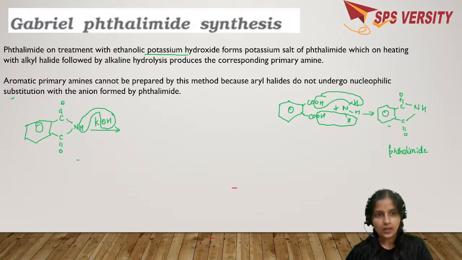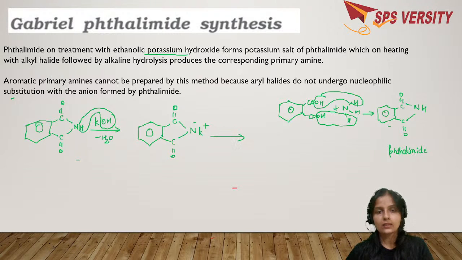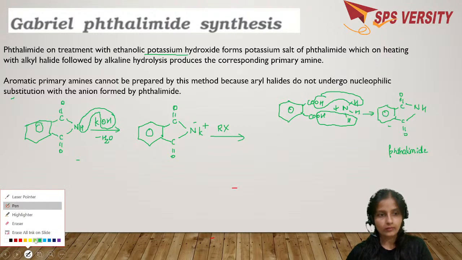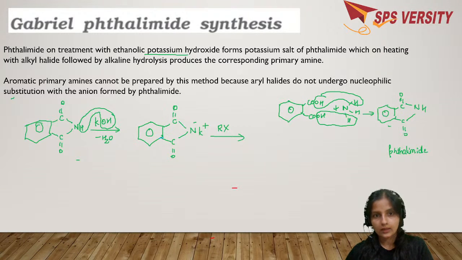You can write minus H2O, and in the next step, CO, here also CO, N minus K plus, because OH minus takes the hydrogen and that bond shifts to nitrogen, so N gets a minus charge. Then this molecule is treated with RX, alkyl halide, where K will go with X as KX, and you get minus KX.